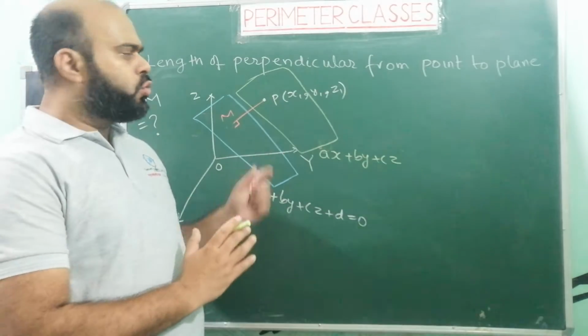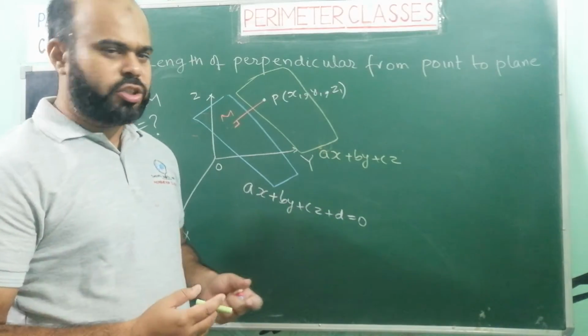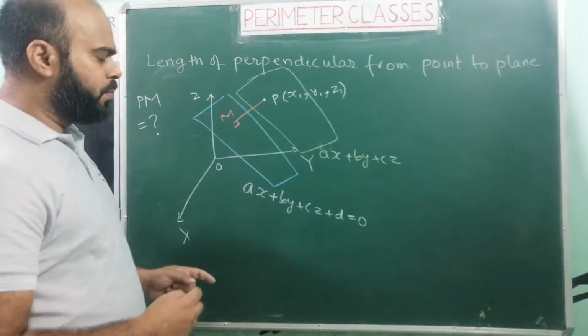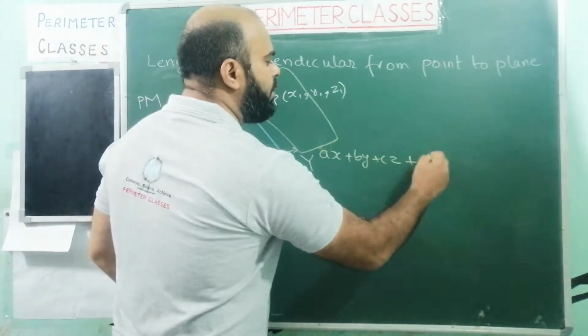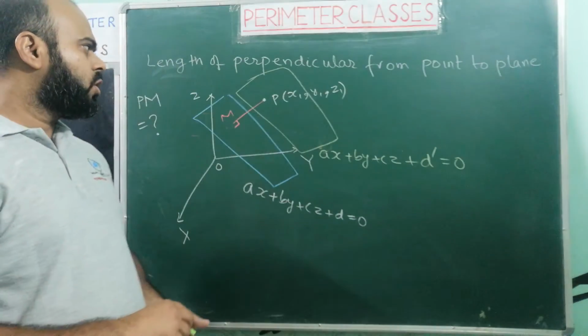So the normal to this plane and the normal to the other plane will have the same direction ratios. These are the direction ratios of the normal to the plane, whereas the constant may be different, which is d dash equal to 0.